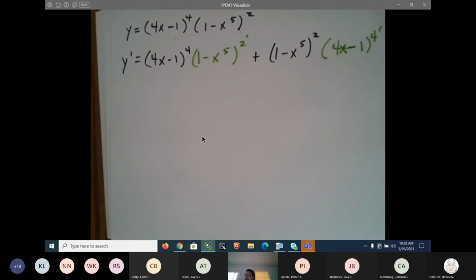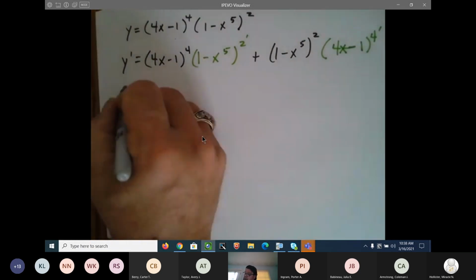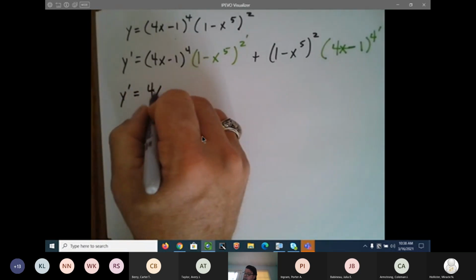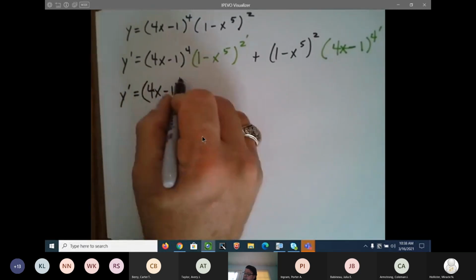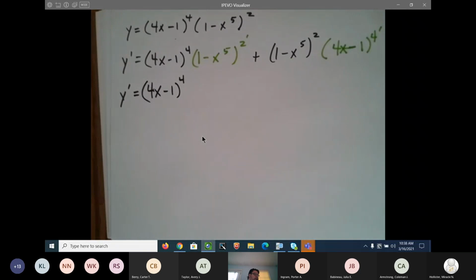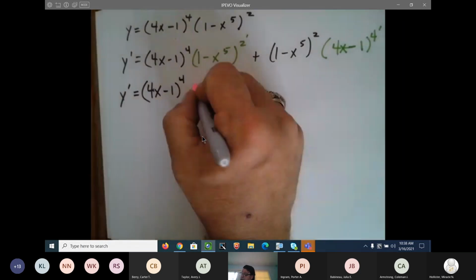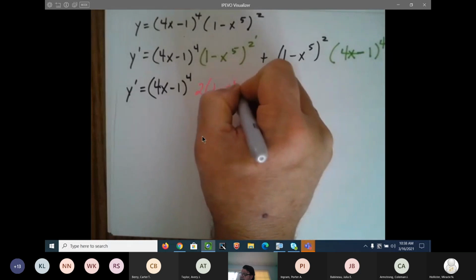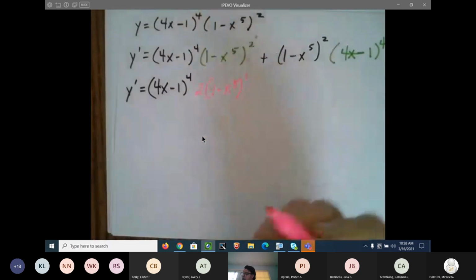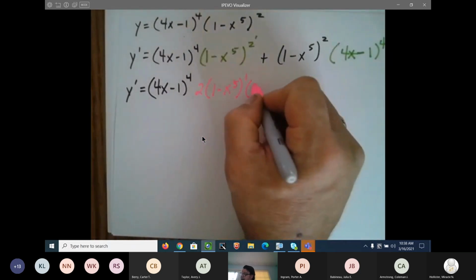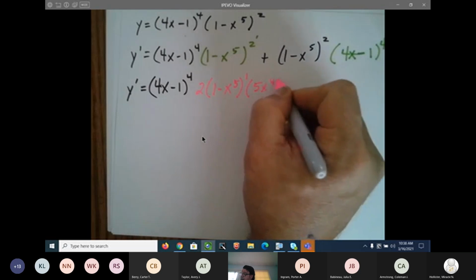And I'm going to do the derivative in pink. And that first one is going to be 2 times 1 minus x to the 5th to the 1st power multiplied by 5x to the 4th.